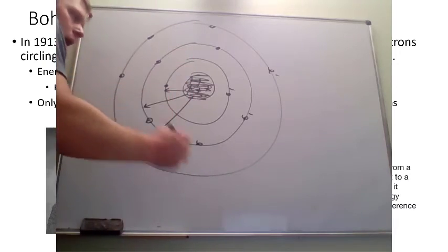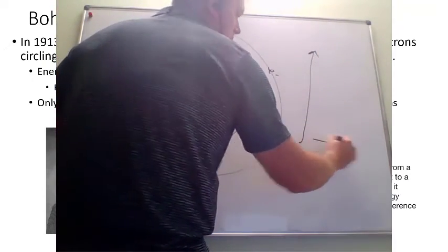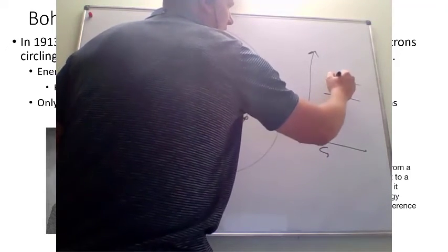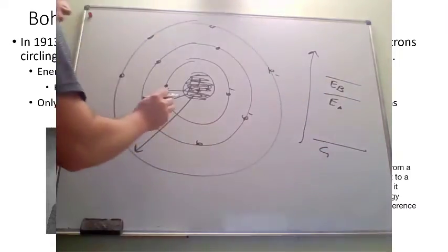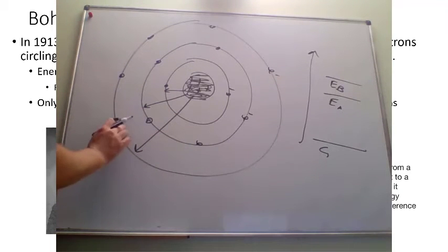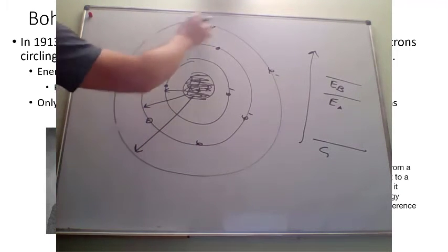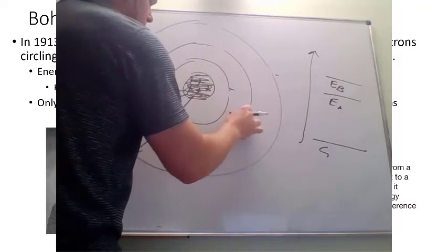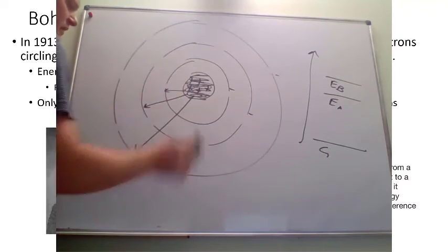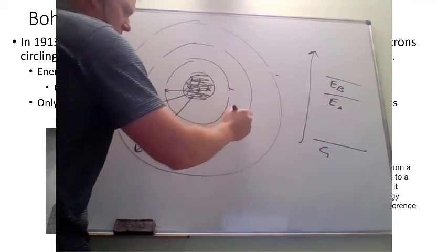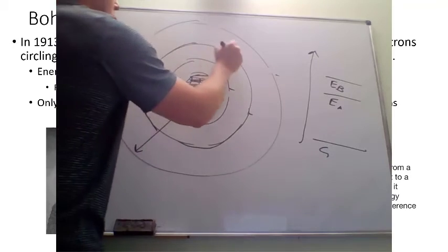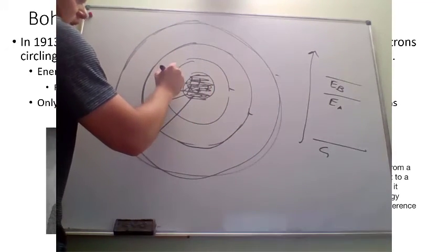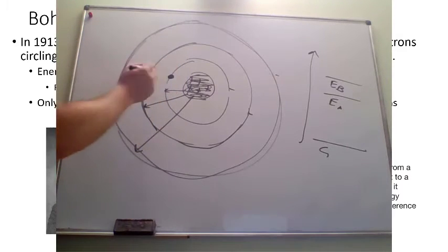If we're thinking about our energy diagram going from a ground state to an excited state A or an excited state B, we're thinking about an electron located on an outer layer decaying back down to an inner layer. So if we erase these electrons, to understand what these transitions would look like, say we have an electron located on this inner energy level, and we'll call that the ground state.